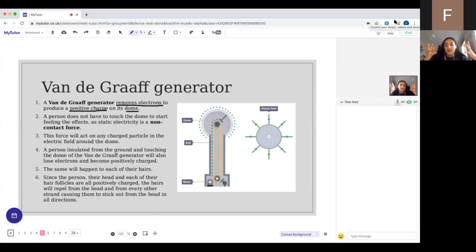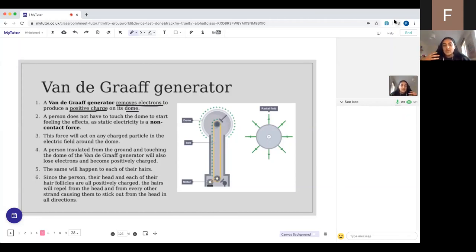Because we have two positive charges, they repel each other, and because they repel each other, the hair sticks out on end. Because each of the hairs has a positive charge, they also repel all the other hairs. So we get this fanning of the hair sticking out of the head because all of this positive charge is repelling each other.